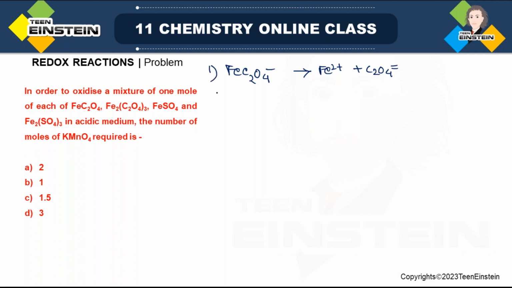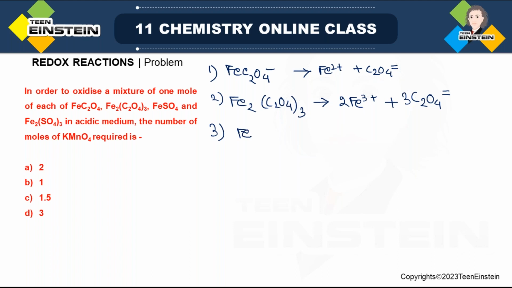Another species, the second species, is ferric oxalate. What is the difference? Now it is iron 3 plus, so as if it is 2 Fe3 plus. I am just breaking the salt so that you can understand what are the anions and cations involved. Now the third one is simple, it is ferrous sulfate.